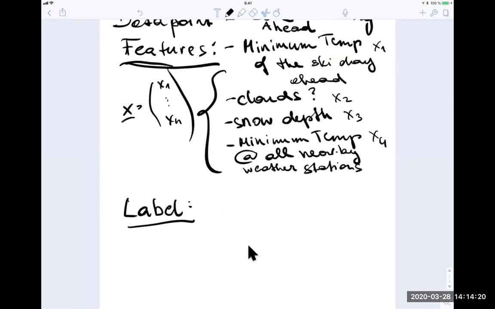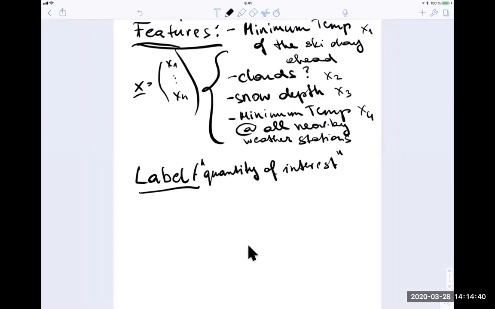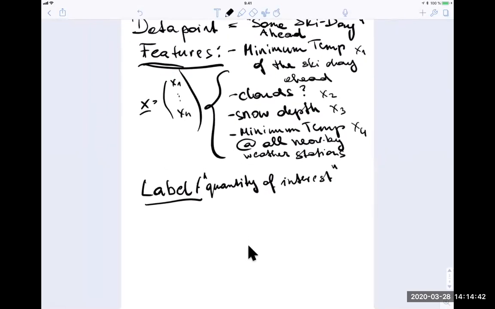So what could be the label, the quantity of interest? Well, if we want to know what is the right wax, we would be interested in the maximum temperature during the ski day.